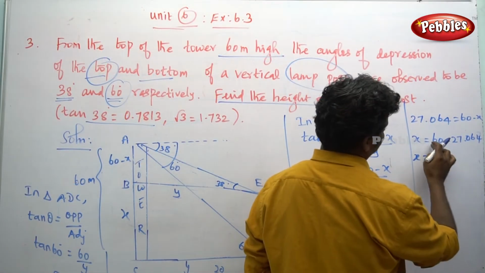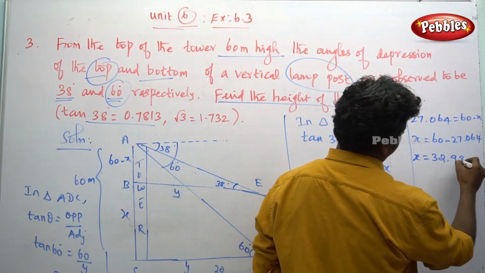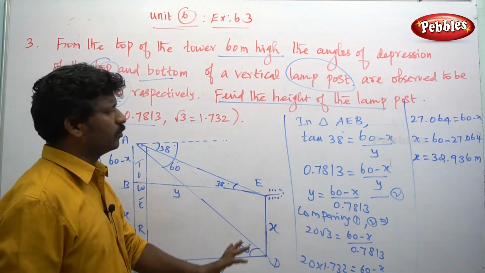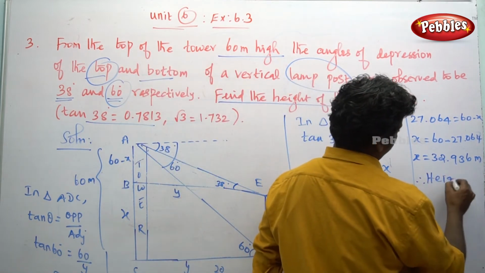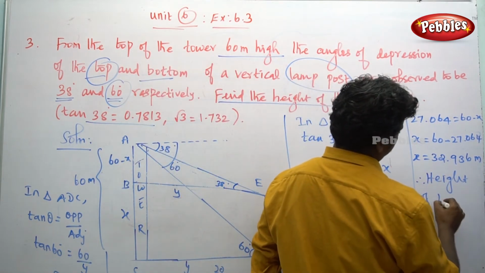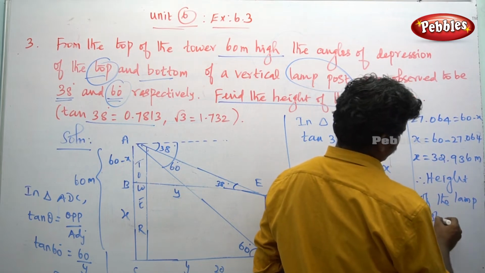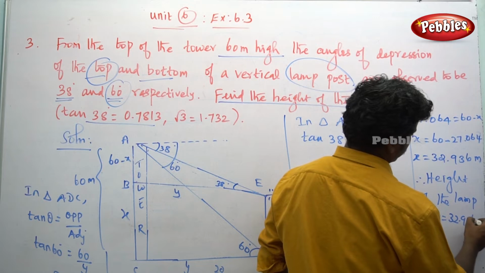X is equal to, இதை subtract பண்ணுங்க rough workல, which is 32.936 meter. So what is the x here? This is the height of the lamp post. Therefore, height of the lamp post is equal to, this is what? The 32.936 meter.